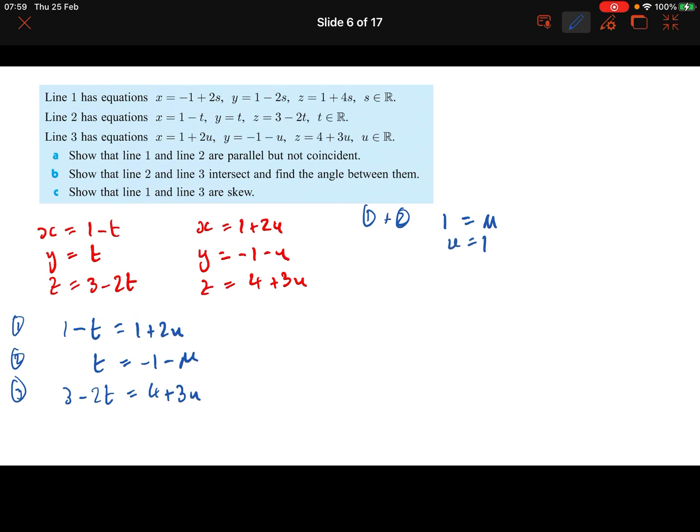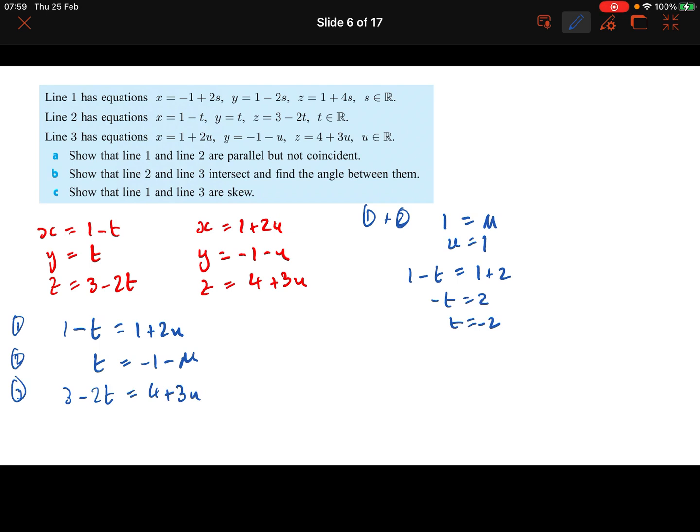If u is equal to 1, I'm going to get 1 minus t is equal to 1 plus 2. So minus t is equal to 2, t is equal to negative 2. So that satisfies equations 1 and 2.